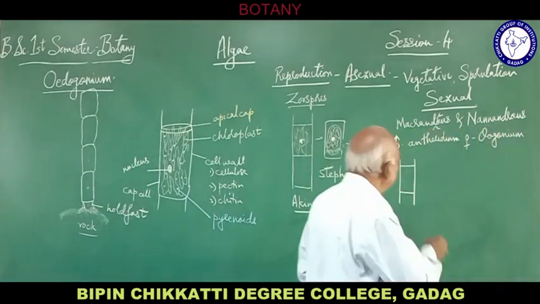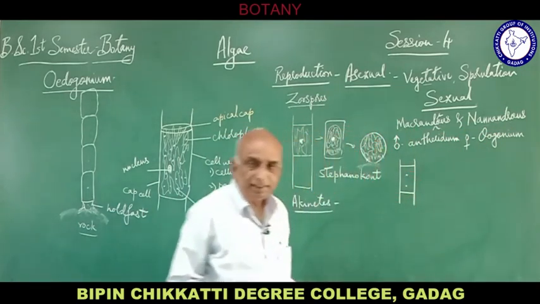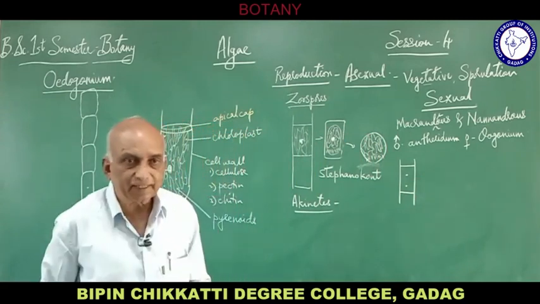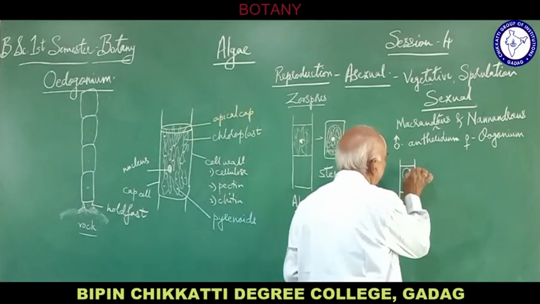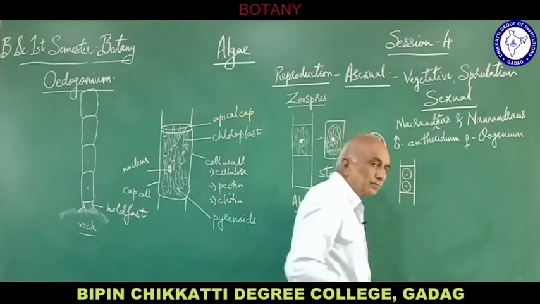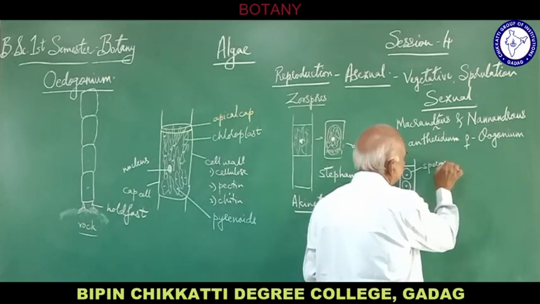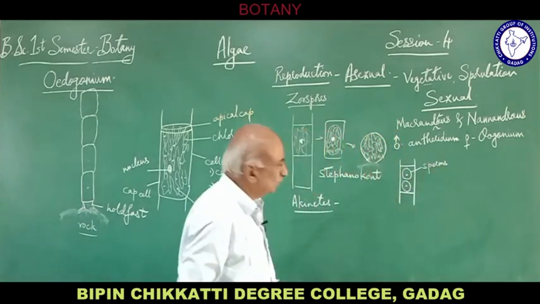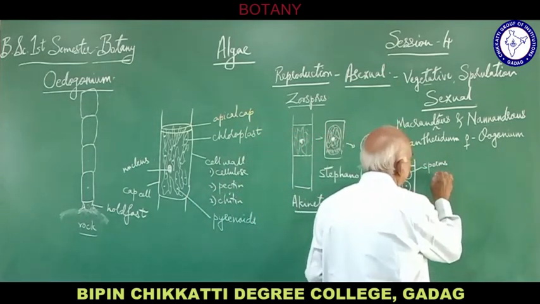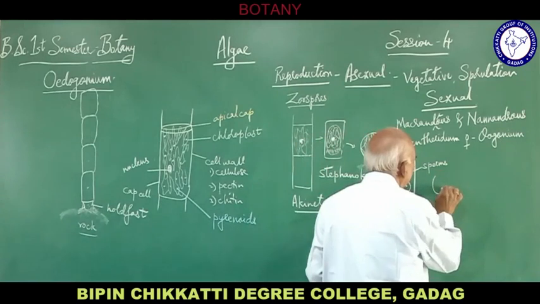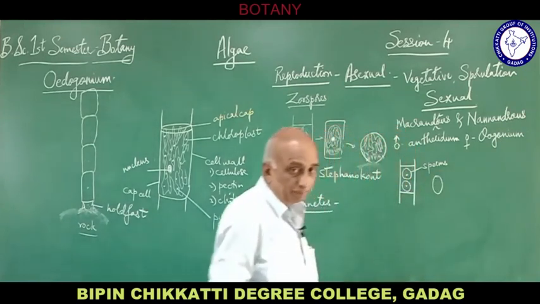The two nuclei which are formed in the cell, each nucleus forms a cell and it will form a male gamete, or what are called as the sperms. So these sperms, they are similar to the zoospores, but zoospores are somewhat different. A sperm is having a ring of flagella. It is also having a colorless area like a zoospore.